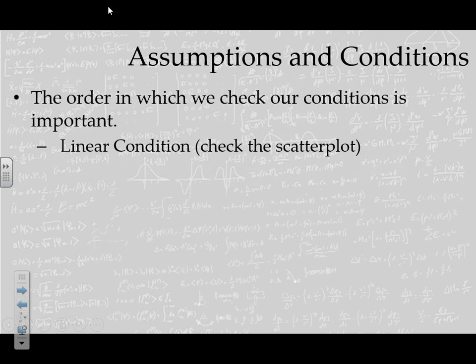You take the information given in the problem, make a scatter plot, and check for linearity. Okay. After we've checked the linear condition, now that we know we actually have some sort of linear relationship, we can continue on to the next, which is the independence condition. You need to be able to justify or explain that the individuals in the study are independent of each other.